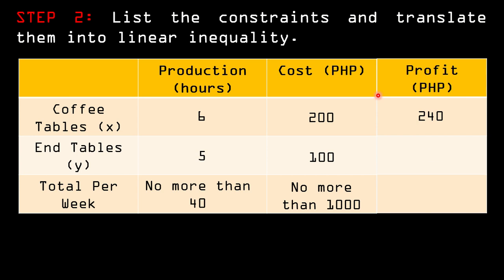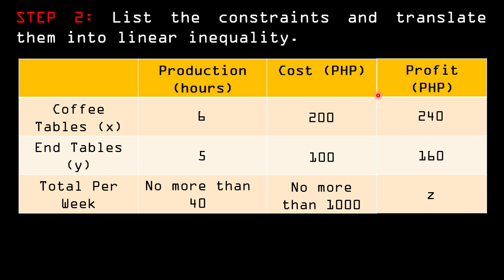And for the end tables, he earns 160 pesos for each end table. And then for the total profit, we don't know that, so let's represent that as Z.